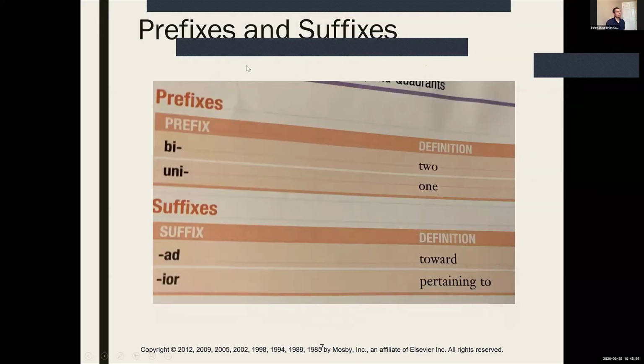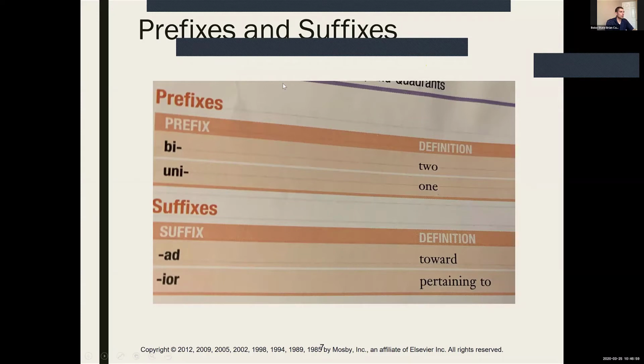Okay, so then some prefixes and suffixes that we're going to use with these terms. There's not many of them, and they're pretty basic, but they're listed here. We will be using the ior or ear a lot of the time, like anterior, posterior.